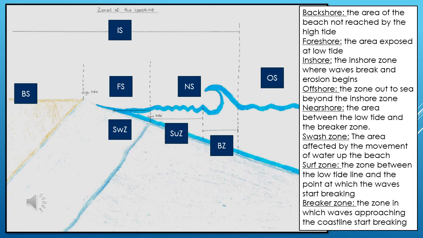The back shore is the area of the beach that doesn't get reached by high tide. So not much is actually going to be changing here. You might get a few plants starting to grow there. It might be the area where large items of driftwood build up after big storms, but it's not reached by high tide. It will be reached, though, by big storms.